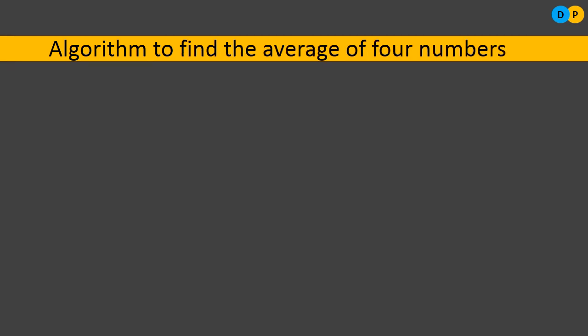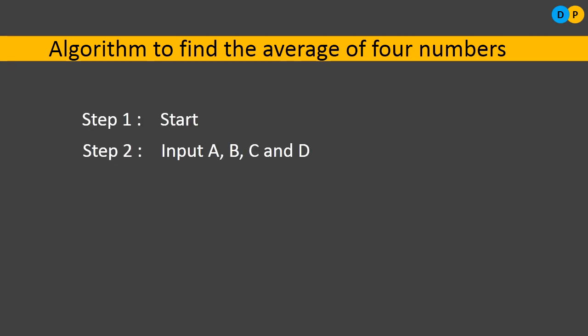Next, algorithm to find the average of four numbers. We are trying to find the average of four numbers, let us say four subject marks. Step 1, as usual, start. Step 2, input A, B, C and D. Let us say these are the four numbers.